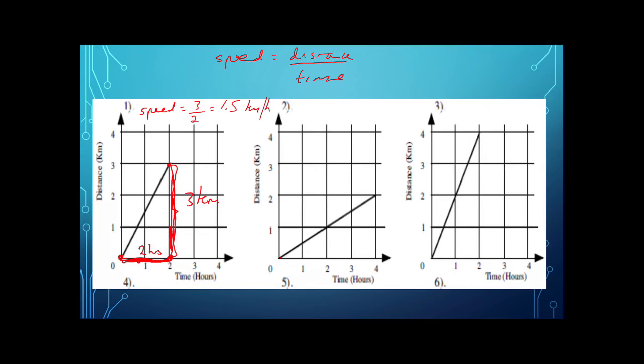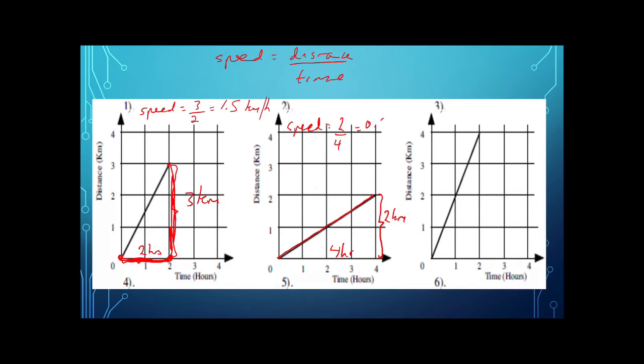Okay, let's have a look at this one. And so we notice it's a straight line, a diagonal line, so we are traveling at a constant speed, and we're going to work out what that constant speed is. So we have traveled 2 kilometers in 4 hours. So speed is going to be the 2 kilometers divided by the 4 in terms of hours.